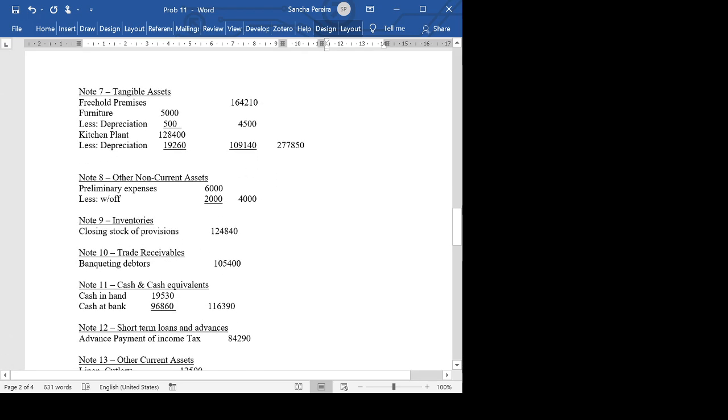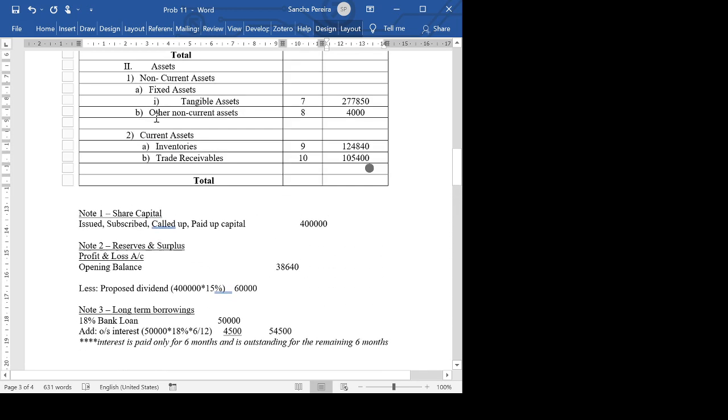And then we have cash and cash equivalents, 116,390.